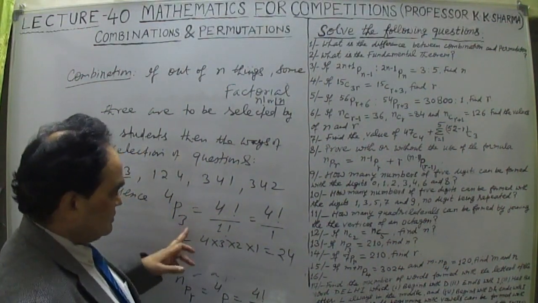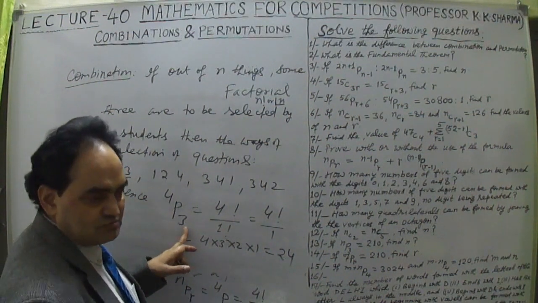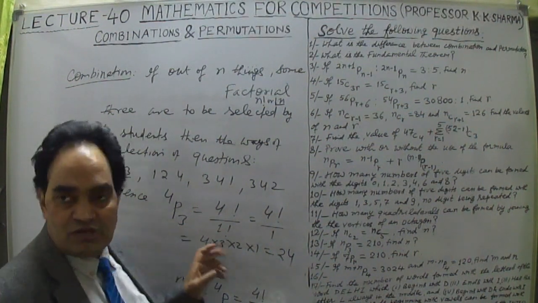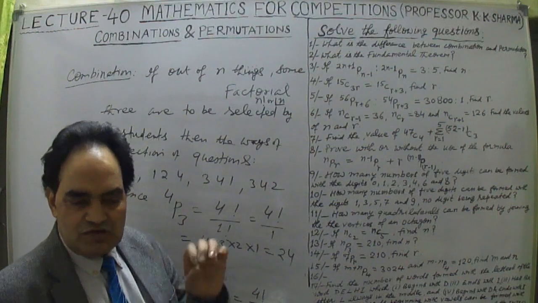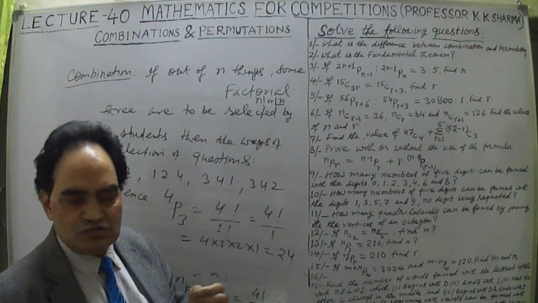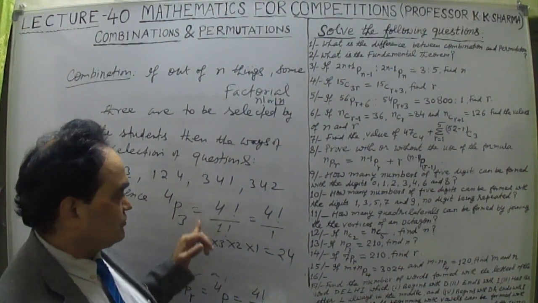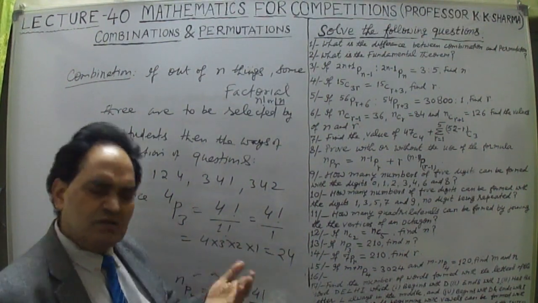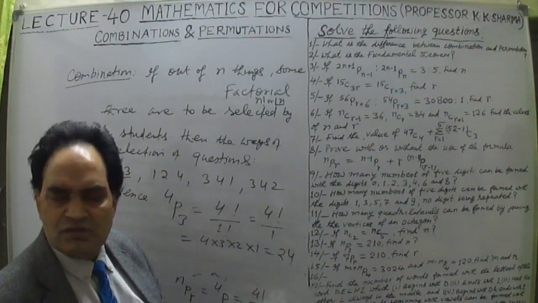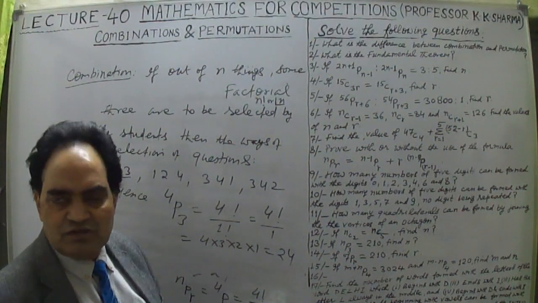So arrangement of questions: when order is mentioned, when order is important, in which order the questions are to be done, if that order is mentioned, then it is permutation. Total arrangement, in any way arrangement can be done. Order is very important in this case.